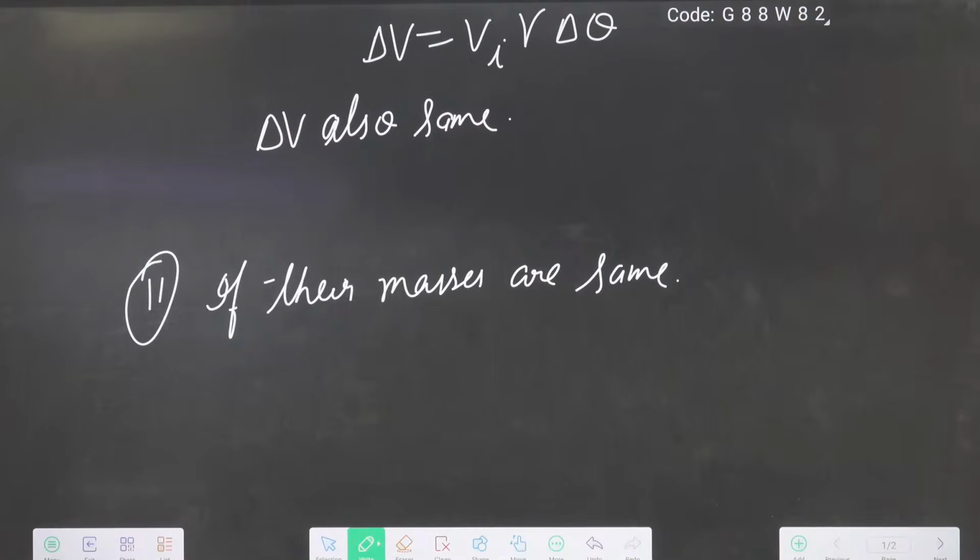If their masses are same, material same, change in temperature same, will the change in volume be equal or will one be more?